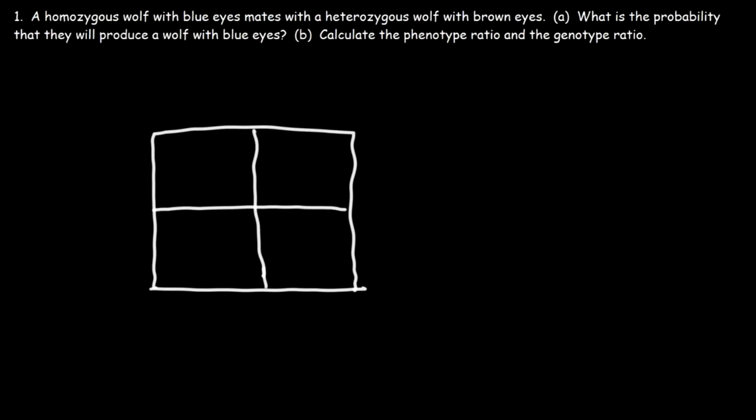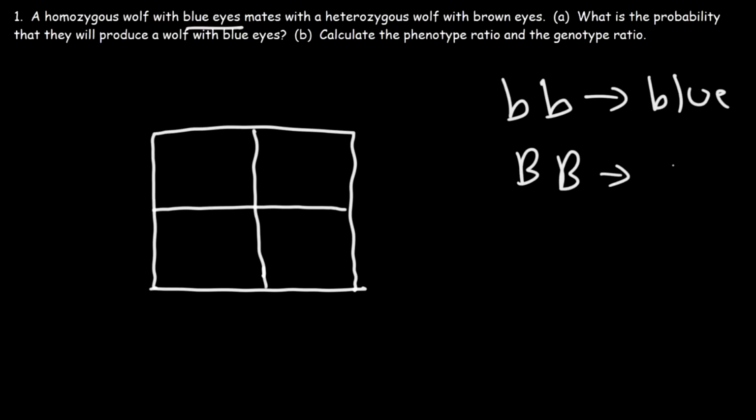Now, what is the genotype of the homozygous wolf? So homozygous means that it has both the same genes, either lowercase b or capital B, but they have to be the same. Now, we're dealing with blue eyes and brown eyes. Typically, blue eyes is usually the recessive trait, and brown eyes is usually the dominant trait.